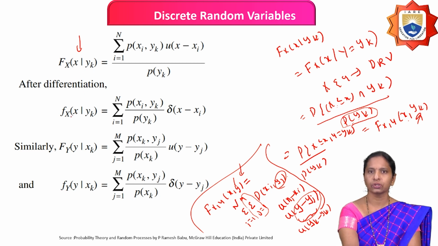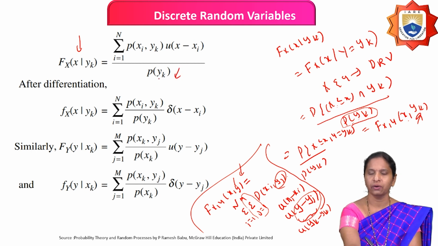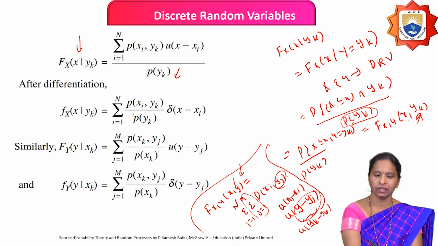So how can you obtain the conditional density function? By differentiating the conditional distribution function, you obtain the conditional density function. Therefore, f x of x given yk is equal to what? Differentiate this. What is the denominator here? P of yk. Yk is a single value, therefore it is a constant. Therefore, the denominator is constant here. What about the numerator?